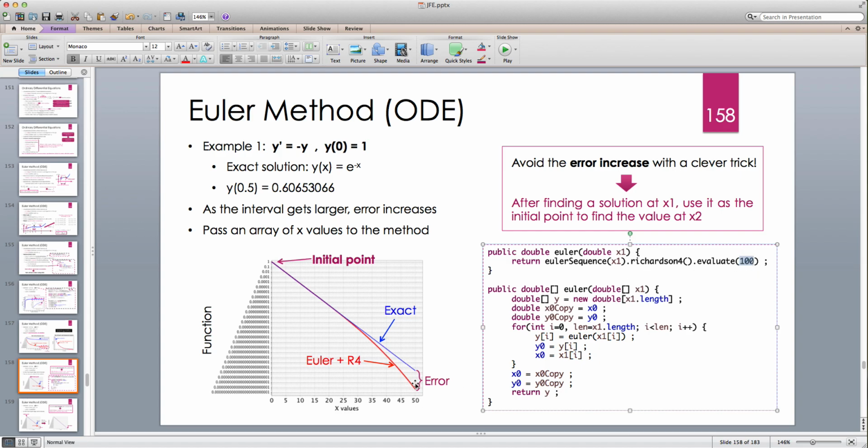So at x equals 50, I have to evaluate the fourth order Richardson at, let's say, the 200th term instead of the 100th term. But the problem is that then it changes from one differential equation to another, and we have to examine a couple of things, the nature of the differential equation, to figure out the best way to adaptively change this number, and that's not easy.